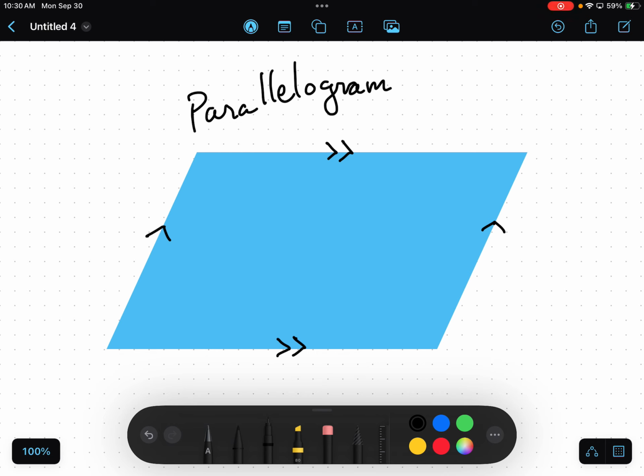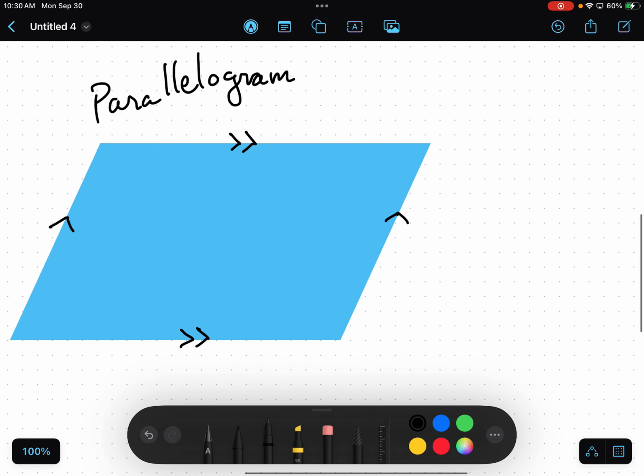Is everybody okay with that? Is everybody okay with those markings? Okay. Now, the other thing about a parallelogram, some of the things that we have are going to be called theorems. However, we're not going to prove them. Okay, that's my promise to you. We're going to use them, but we're not going to prove them.